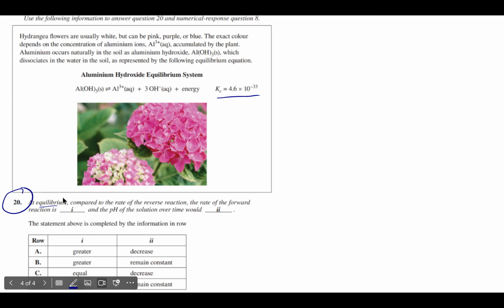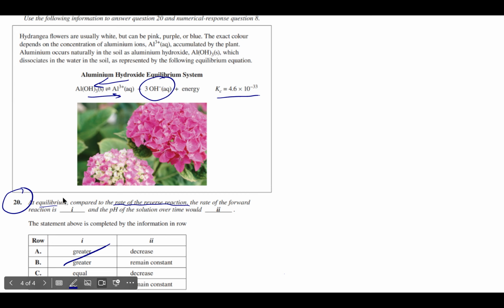And it's showing that you know the definition of equilibrium. And that is that the rate of the reverse reaction is equal to the rate of the forward reaction, so we can rule out A and B. And then in regards to pH, the fact that you have hydroxide might throw a few people off thinking if it's being produced, but this reaction is going in both directions, so it's also being used up.